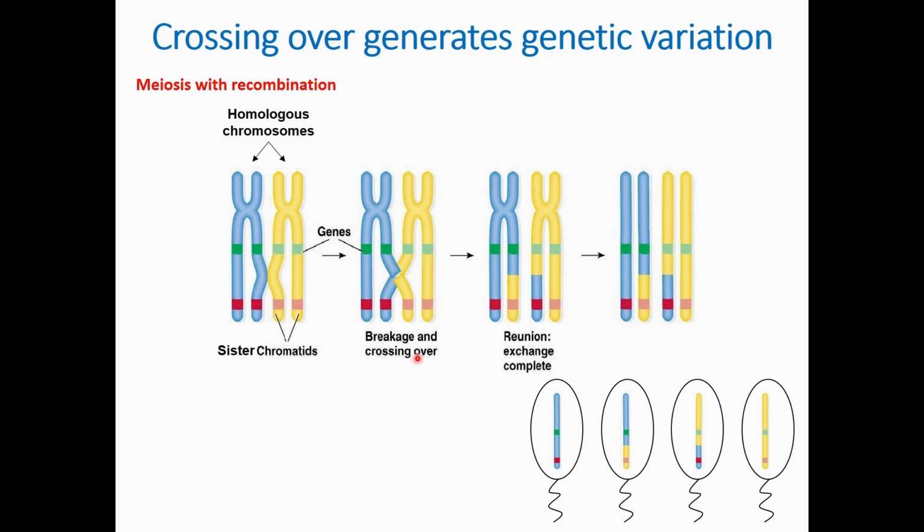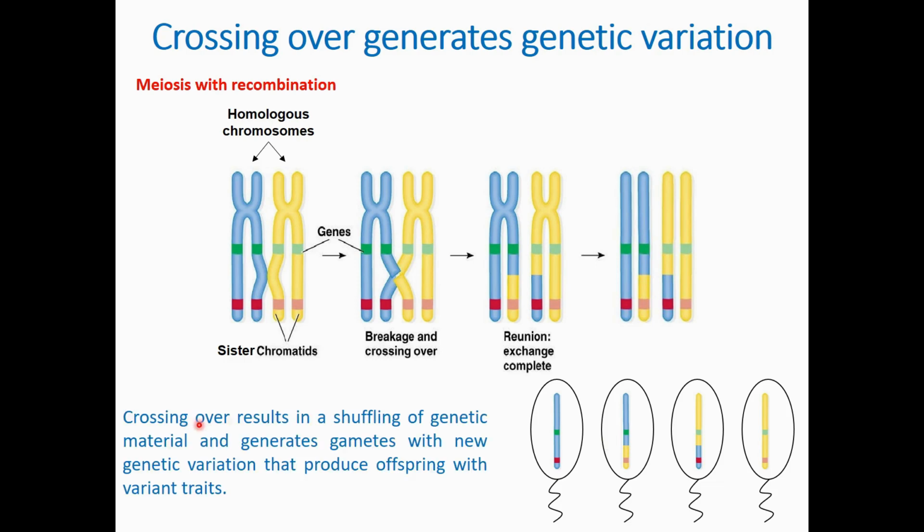So this explains then that when crossing over happens during meiosis, it generates genetic variation by mixing together genetic information coming from two homologous chromosomes and generating new genotypes in these gametes. So crossing over results then in a shuffling of genetic material and generates gametes with the new genetic variation that produce offspring with variant traits.